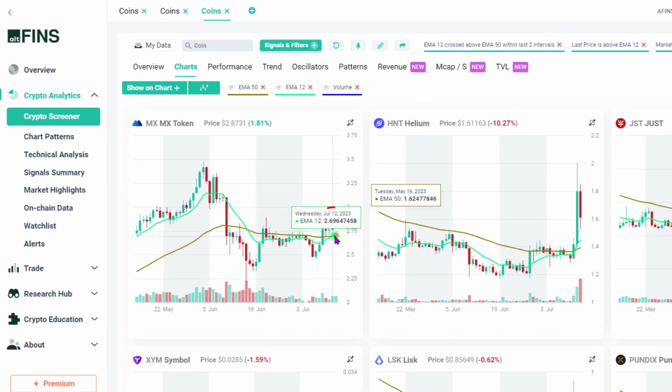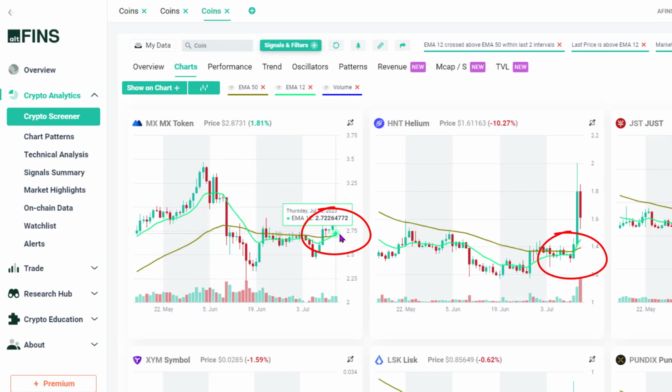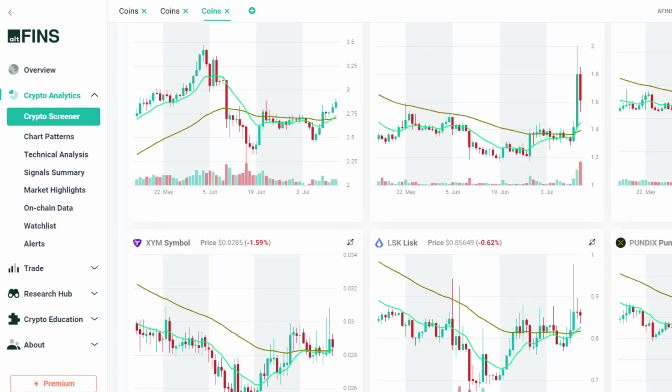And so as you can see in these charts, the bright green line has just crossed over the darker green line in the last day or two. So that's the fresh or recent moving average crossovers that we are looking for.